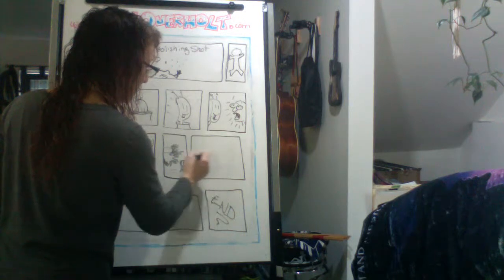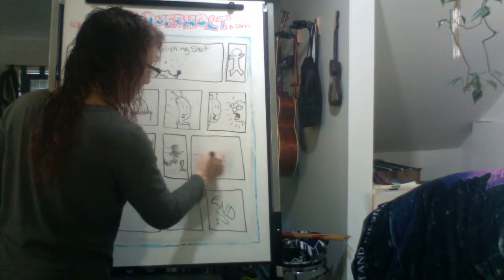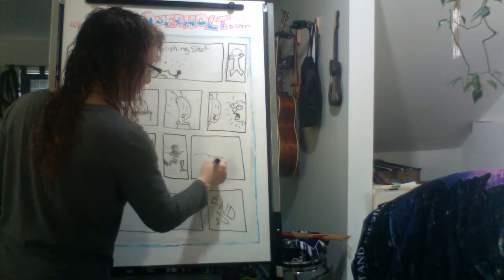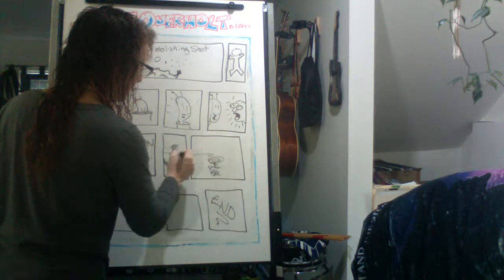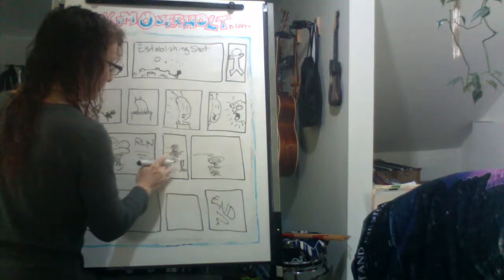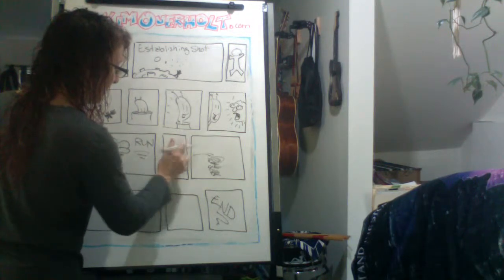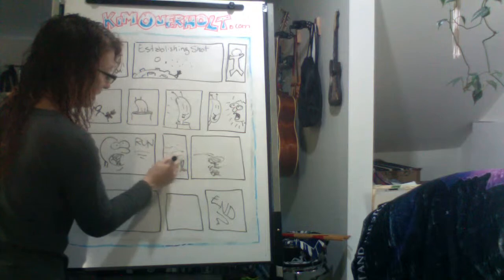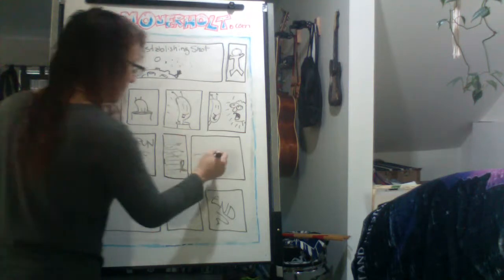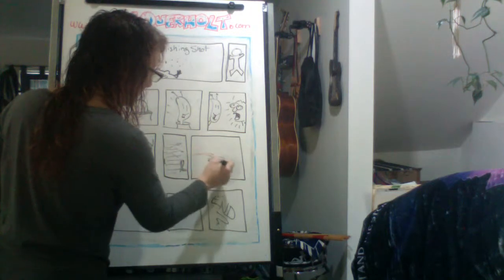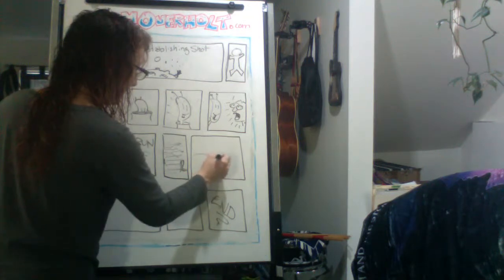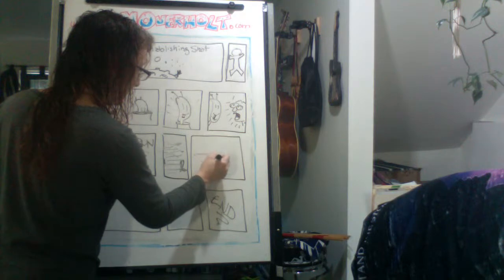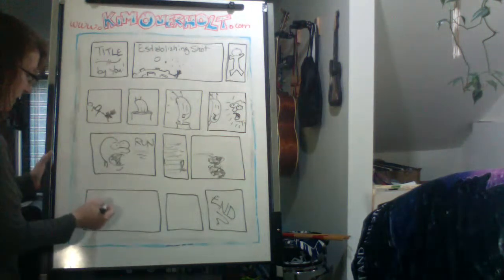And then hiding somewhere. You can just make the lines like they're running fast, and then have them hiding behind something. Here we go. So now you're crouching behind something. Okay.